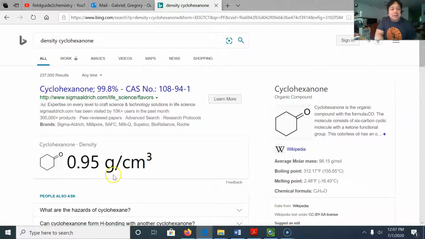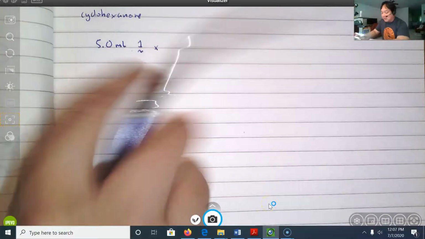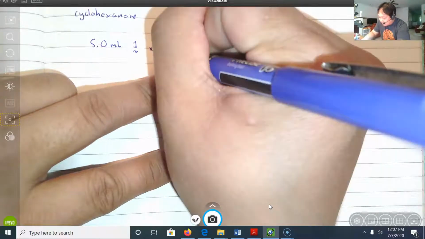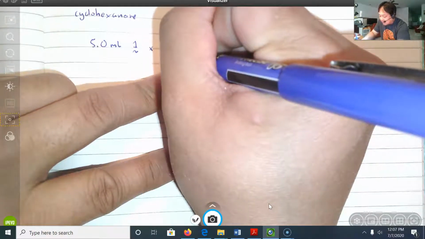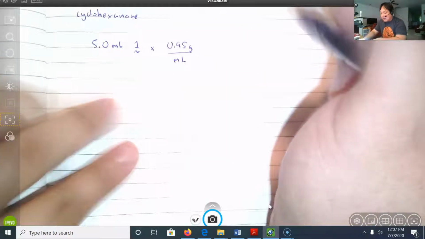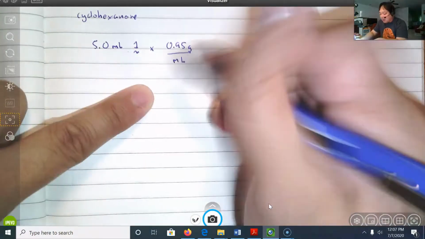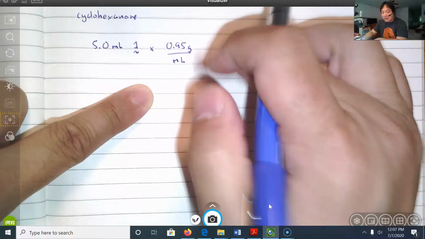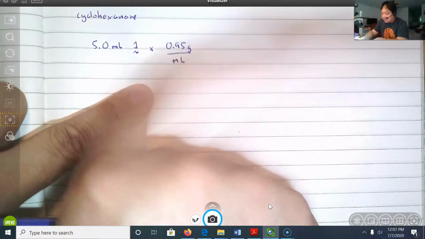Grams per centimeter cubed, but a centimeter cubed is the same as 1 milliliter, always. 1 milliliter of anything has a volume of a centimeter cubed. Let me show you where I'm going to use that number. 0.95 grams per, instead of centimeters cubed, we could automatically write milliliters. That will cancel out the milliliters. I don't have to put 1 for 0.95 grams of 1 for every 1 milliliter of 1, because the ones will cancel out. I need this one there, though.